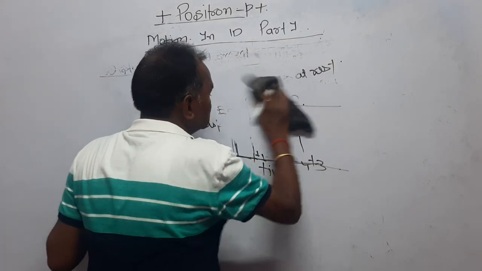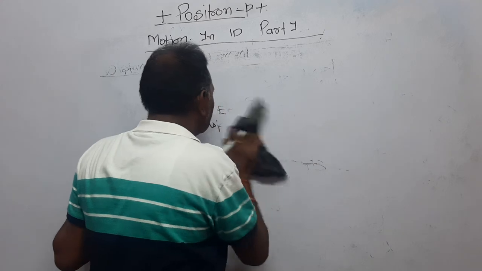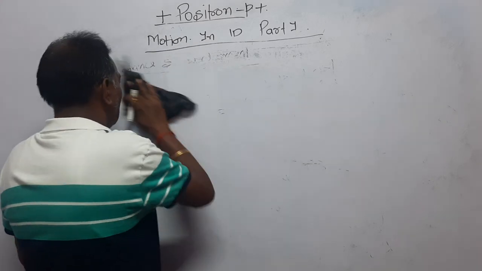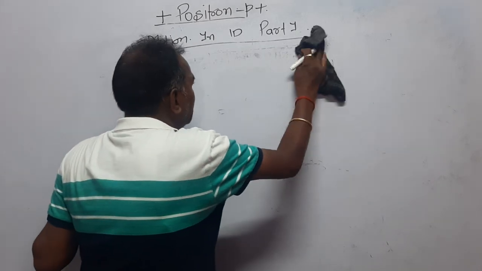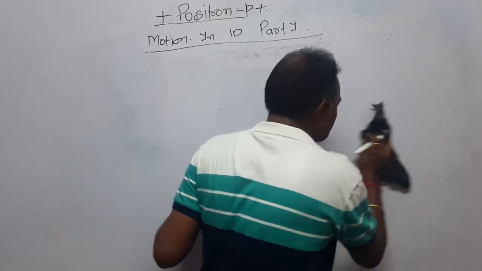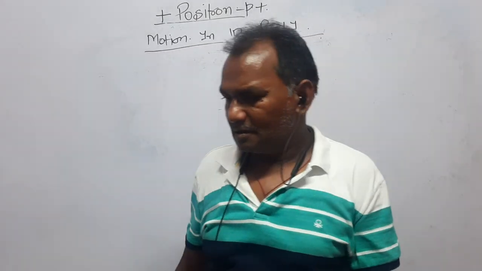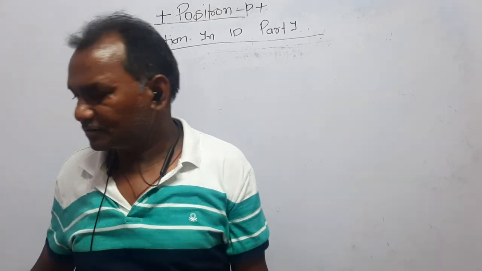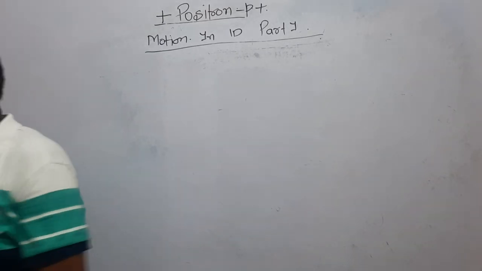This was our discussion with you all about distance and displacement. In brief, I can tell you at a glance, distance is a scalar quantity, but displacement is a vector quantity. We will discuss much more when we discuss vector analysis.